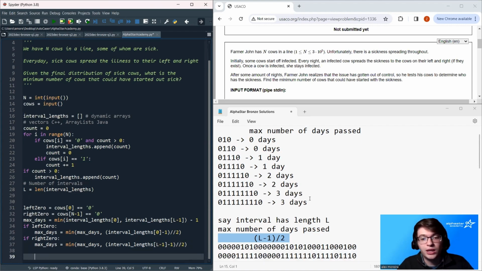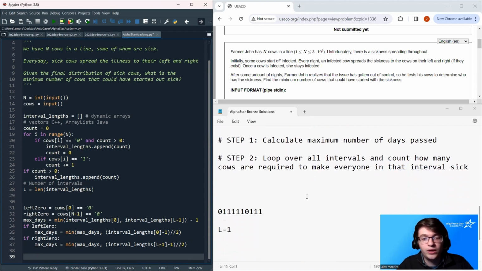All right, so this is taking care of the edge case where this rightmost interval or this leftmost interval could potentially be bordering the edge of the cow's array itself. So again, just to clarify this point, if I had this interval, then I know that the number of days passed has to be 1, right?